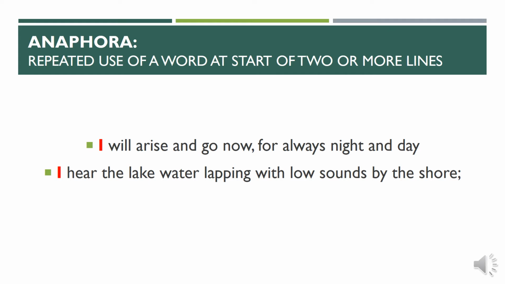Here we see the word I being repeated at the beginning of two consecutive lines. It should be in consecutive lines, with no gap. If there is a gap, it will not be called anaphora. Here the word I has been repeated in two consecutive lines, so it is anaphora.